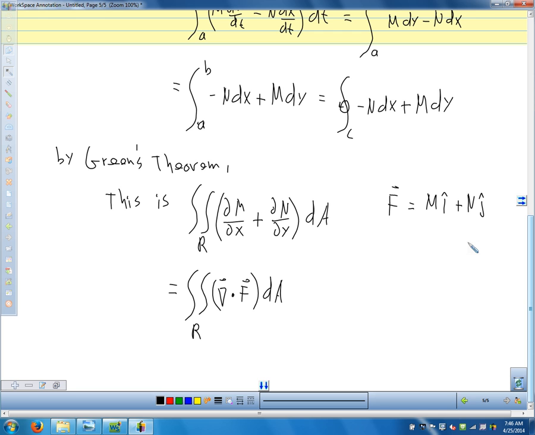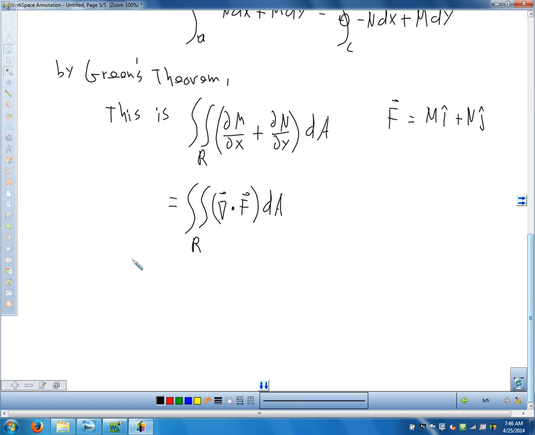So finally, what we just figured out is the line integral around the closed curve of f dot n, the normal, the outward component of f ds, is the double integral over our region of the divergence of f.